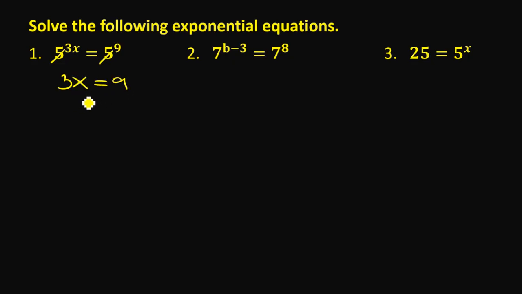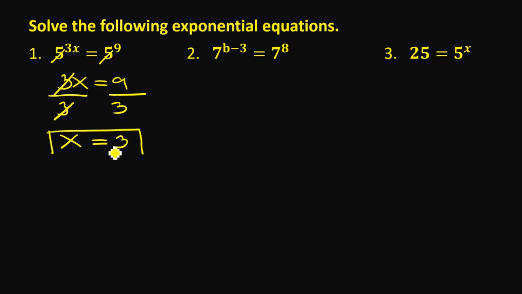Next, to solve for x, we need to divide both sides by 3. Cancel the 3, that is 1x or just x, equals 9 divided by 3, which is 3. Therefore, the value of x is 3.